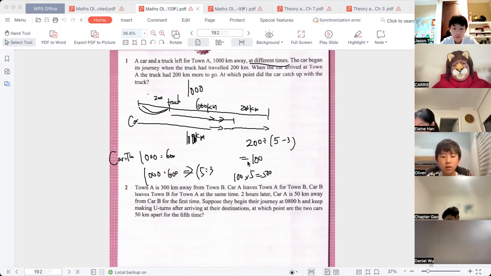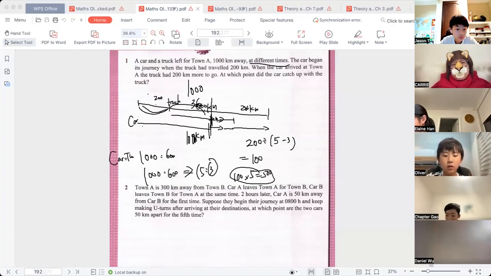在500公里的时候 car catch up with truck because you can calculate it. Car travels 500公里的时候这个 truck travels 多少？300，对不对？好了，你看 200 plus 300 equals 500 and 100 times 5 equals 500. So 500 equals 500. So that's why they catch up when they're at 500. Get it, Oliver?